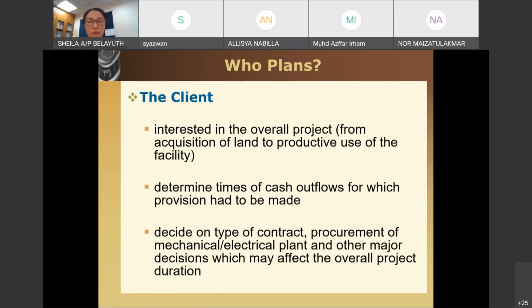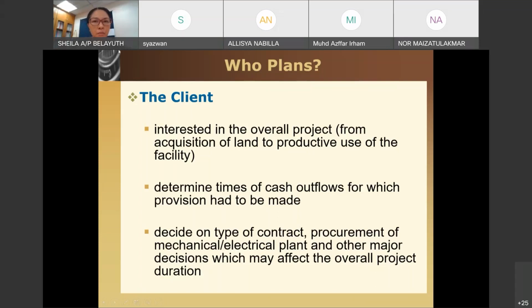Design and build, and then design bid build, traditional contracting. So there are slight differences between both of them. So traditional procurement system.